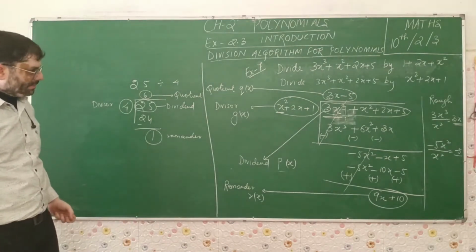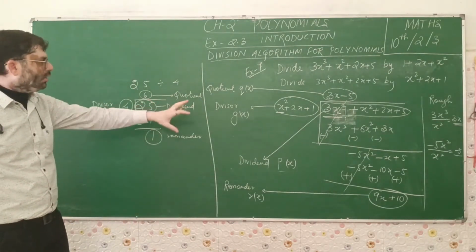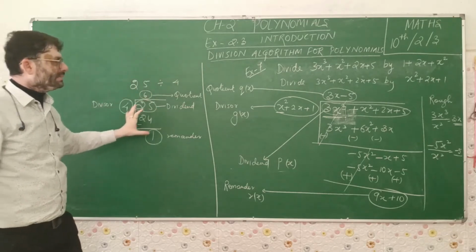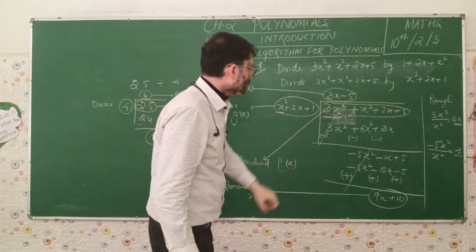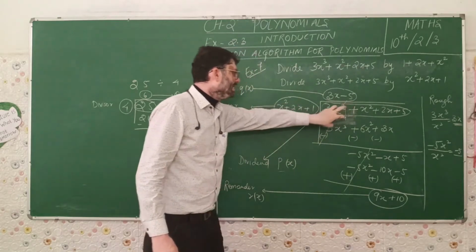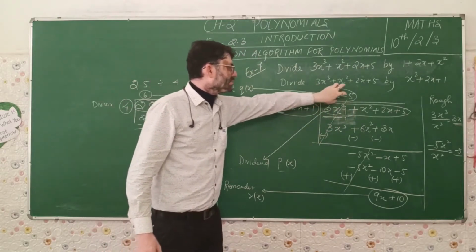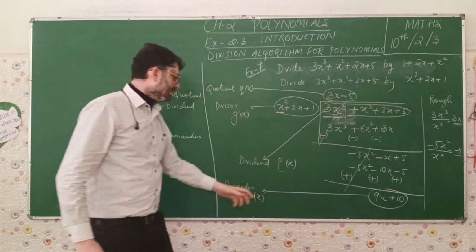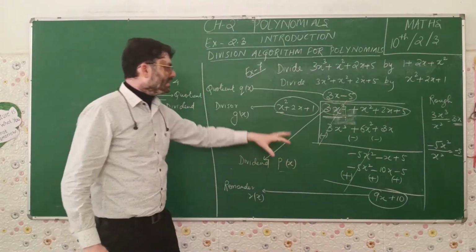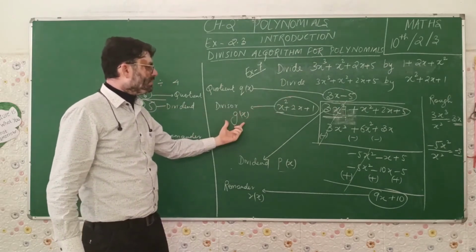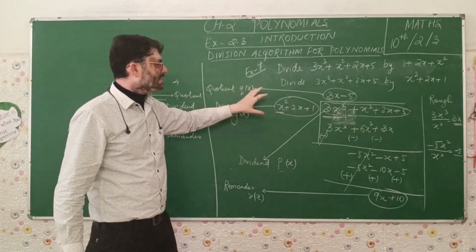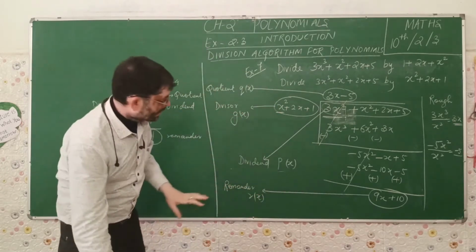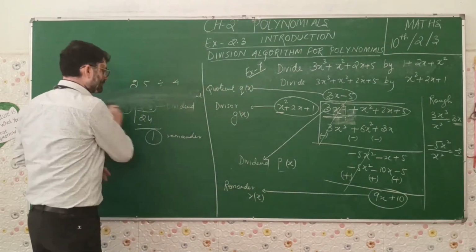r of x. Now we have assigned all those things that are normally taken in a simple division to a division in polynomials. So this is my dividend, this is my divisor, this is my quotient, and this is my remainder. The dividend is denoted by p of x, the divisor by g of x, the quotient by q of x, and the remainder by r of x.